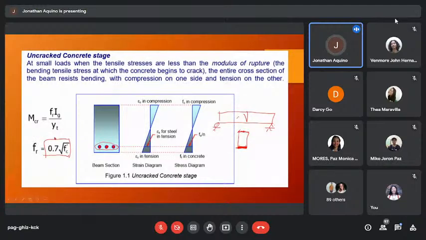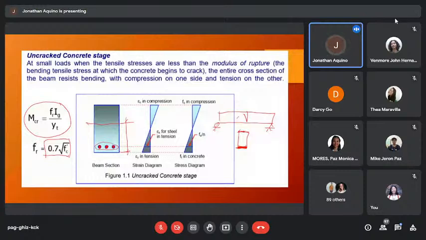So the cracking moment is equal to rupture strength Fr times moment of inertia divided by Yt. So this is the beam formula for homogeneous beam. Okay, the Y is the distance from the centroid to the location of the outermost fiber in tension.